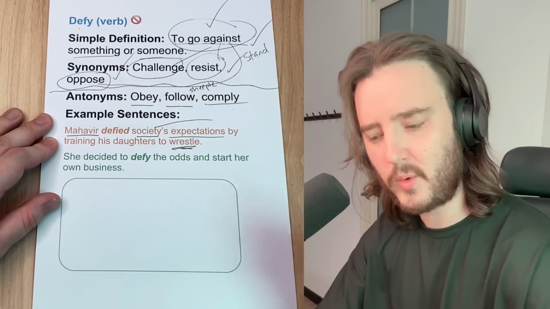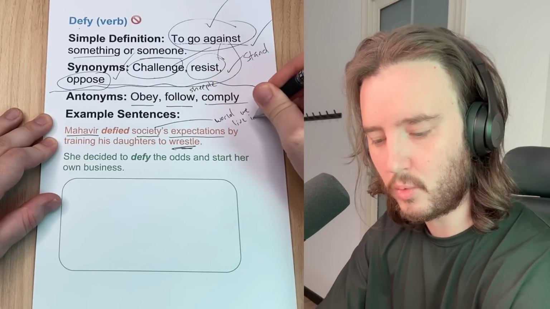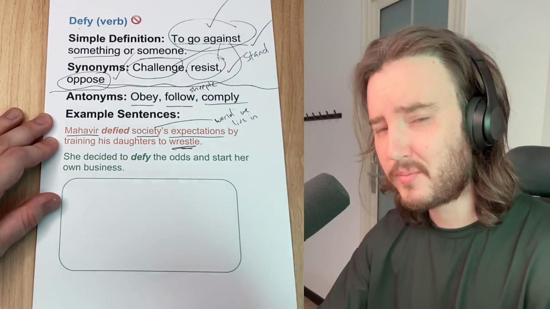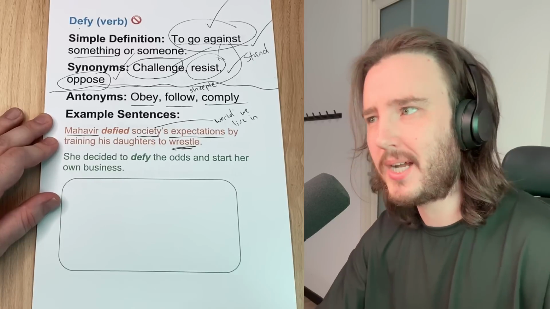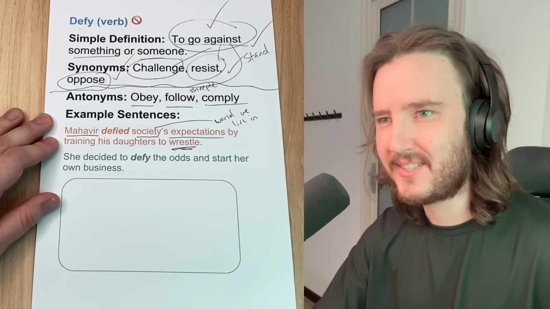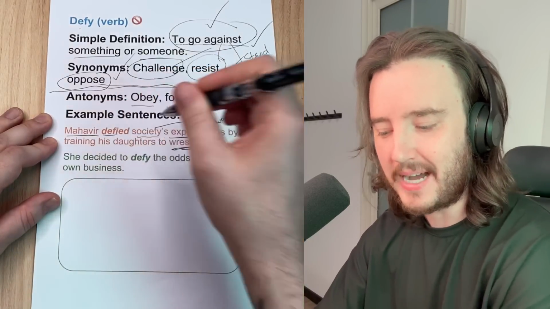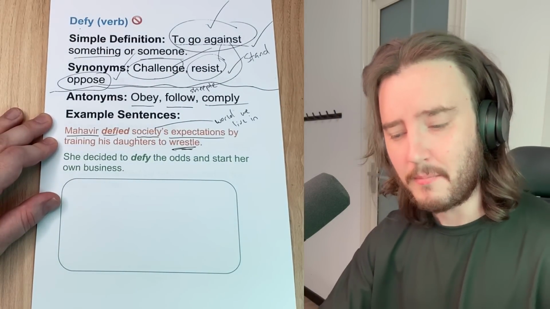Society, the world we live in, and the rules of that society, the expectations of that society, the way society wants us to be, and the things that society wants us to say and do, right? Mahavir defied these expectations of society, right?